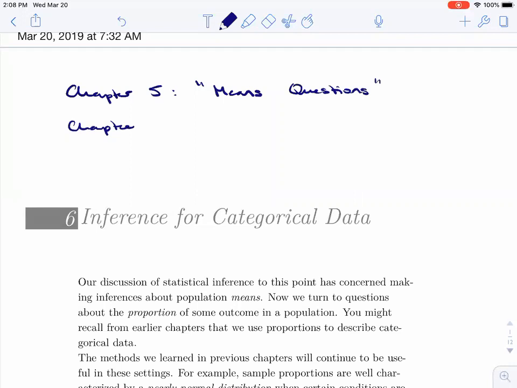And chapter 6 as a whole, I'll call them proportion questions. Or proportions, maybe. Leaving room for multiples.